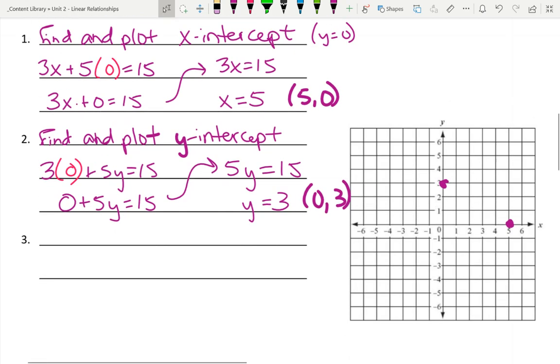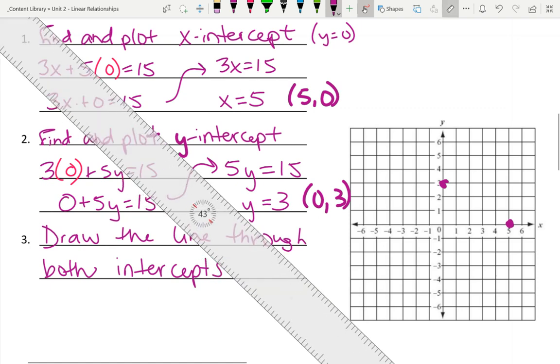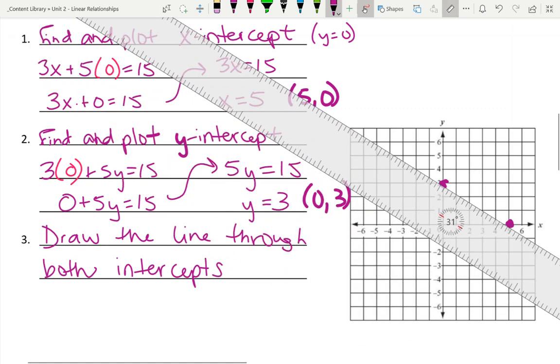The very last step here, I've got my x-intercept, I've got my y-intercept. All it takes to graph a line is 2 points. So that is our last step. We draw the line through both intercepts. So I'm going to use my ruler just so that I have a little bit of extra help here. I'm going to grab my ruler, going to drop it right there.